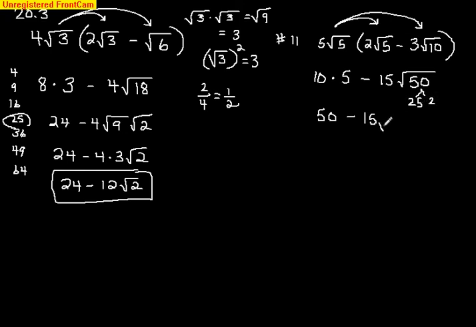So we put them under their own radicals, 25 and 2, and then we simplify this radical. So we get 50 minus 15 times 5, because the square root of 25 is 5, square root of 2. And finally you get 50 minus 75 square root of 2.